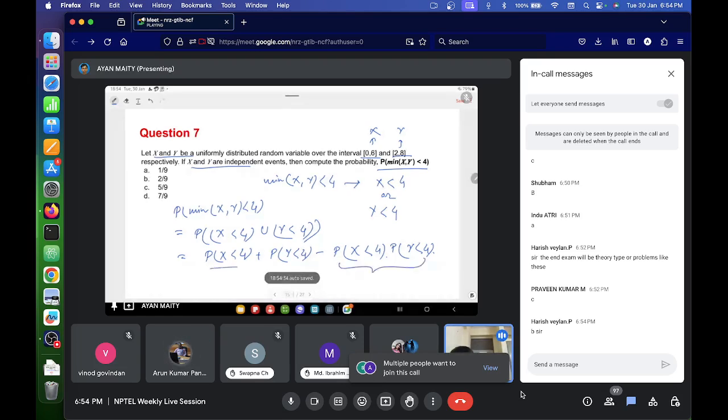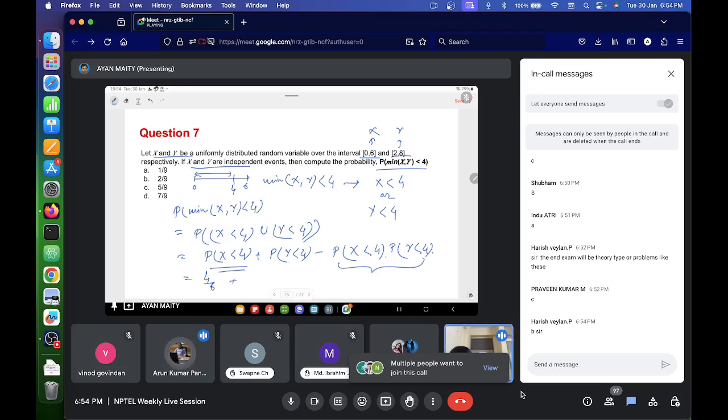So what is the probability of x less than 4? x is a uniformly distributed random variable from 0 to 6, and the probability that it is less than 4 is 4 by 6. So this should be 4 by 6.